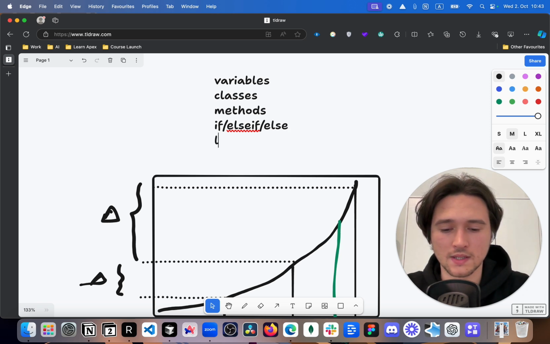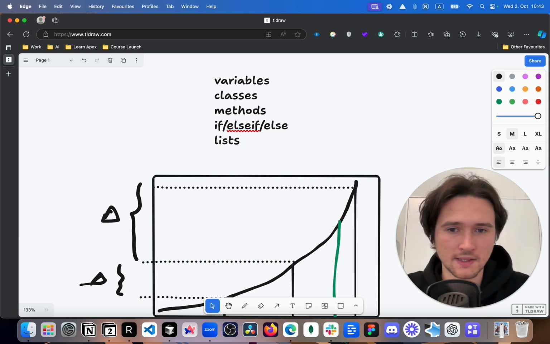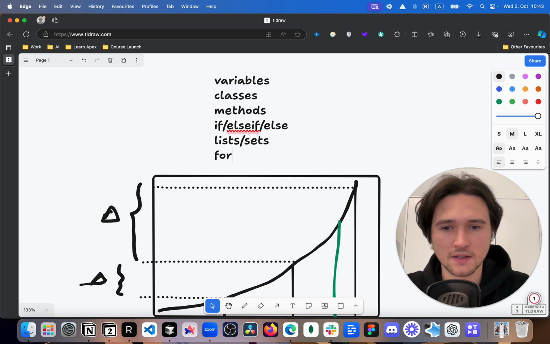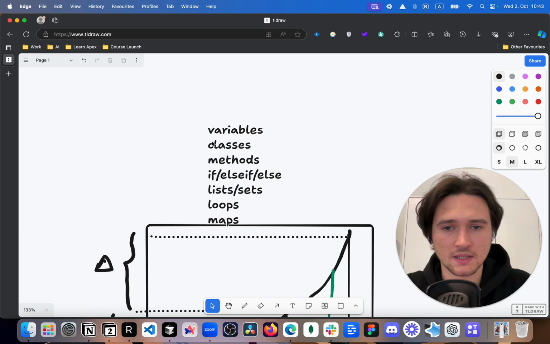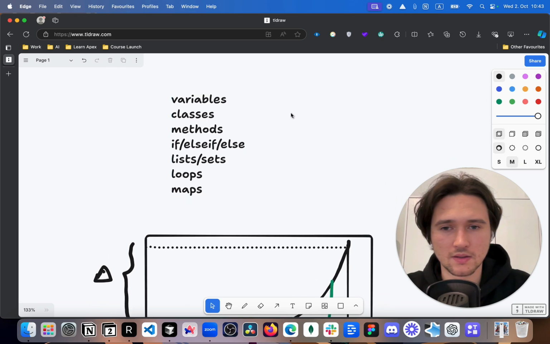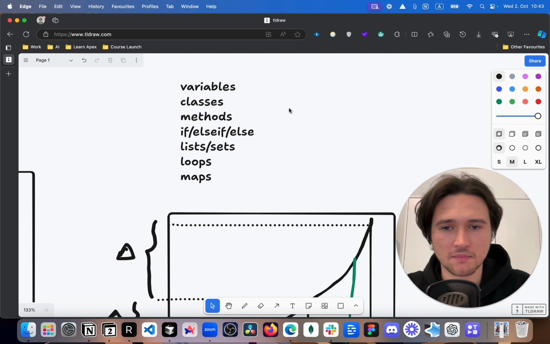Then you need to understand lists, sets, loops, maps. I guess that's pretty much it.